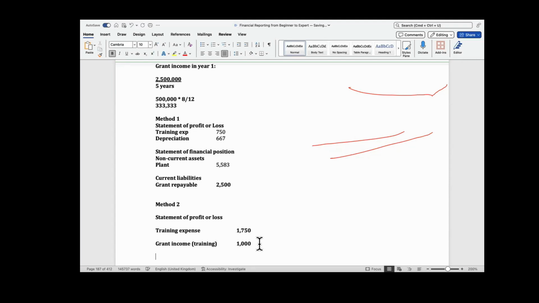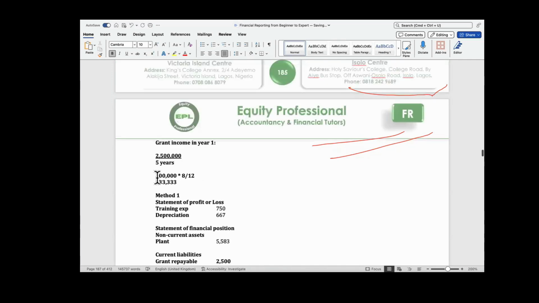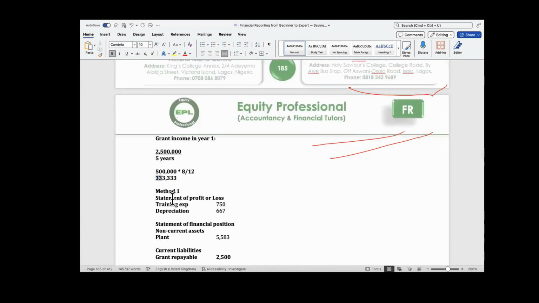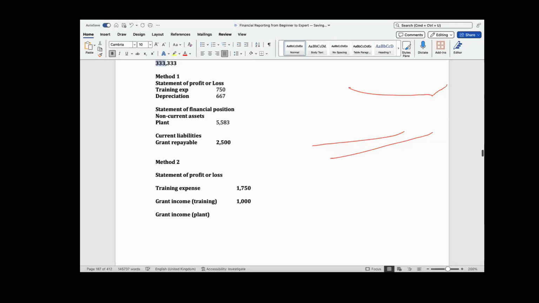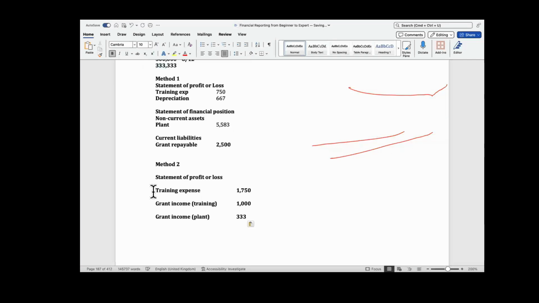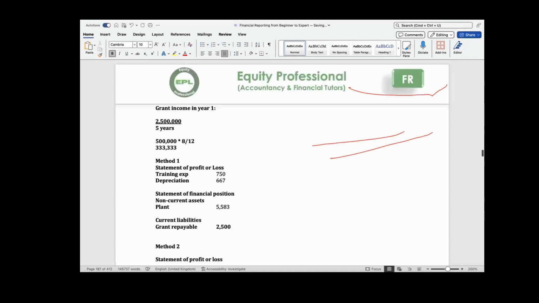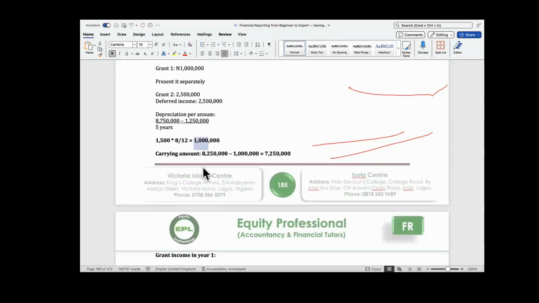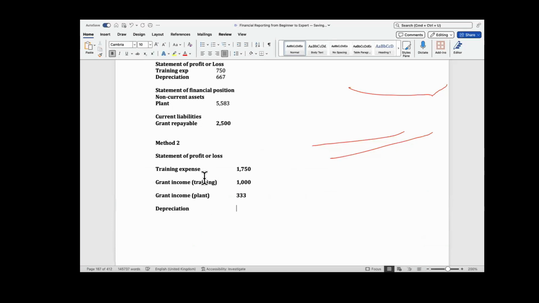And also, there is a grant income related to the plants, the asset that I bought. This 333,333. Since I'm recognizing it as a deferred income, and also my depreciation from method 2, 1 million. Let me not forget to put this.